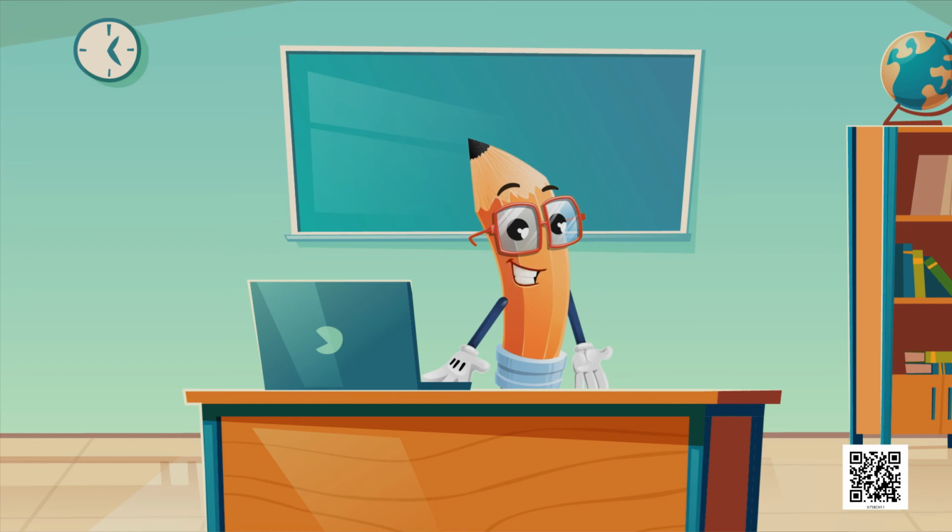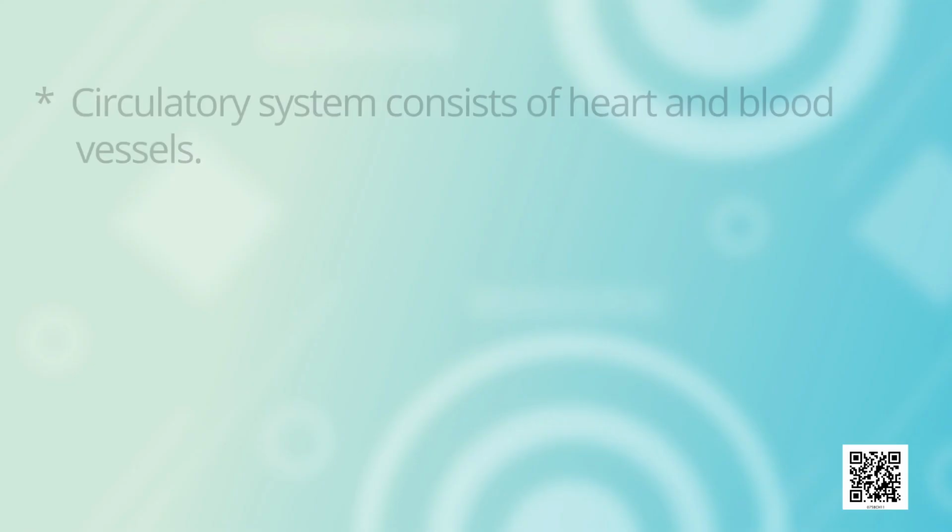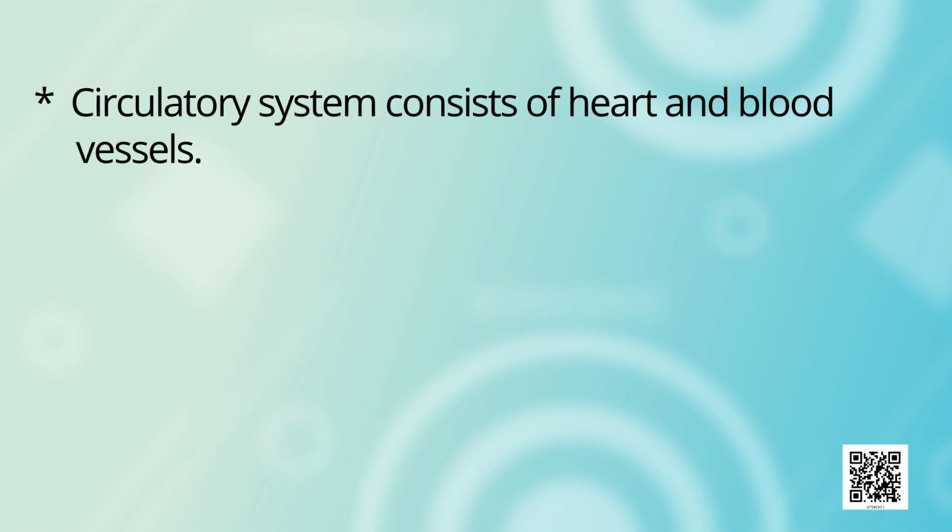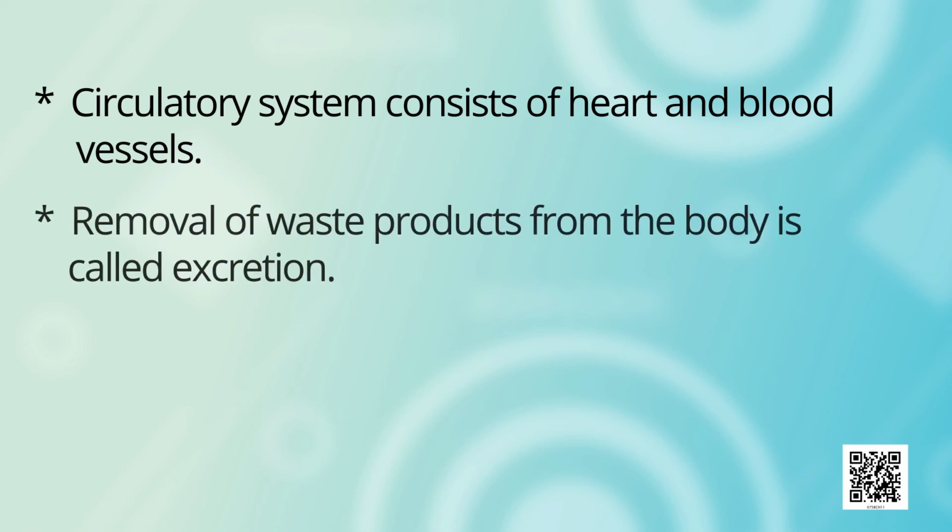So, dear students, now let us see what we have studied in this chapter. Let's revise. The circulatory system consists of the heart and blood vessels. Removal of waste products from the body is called excretion.